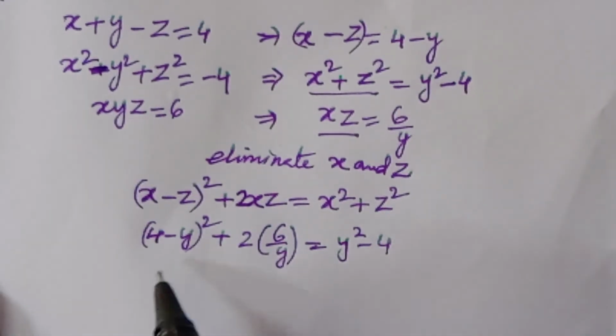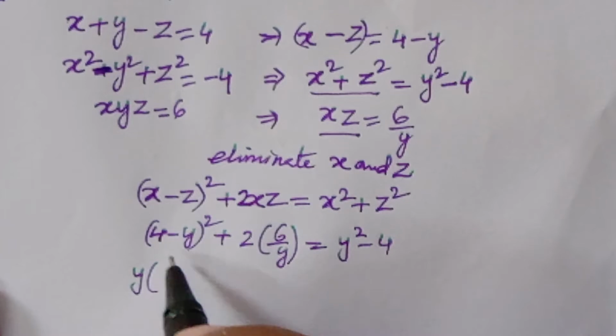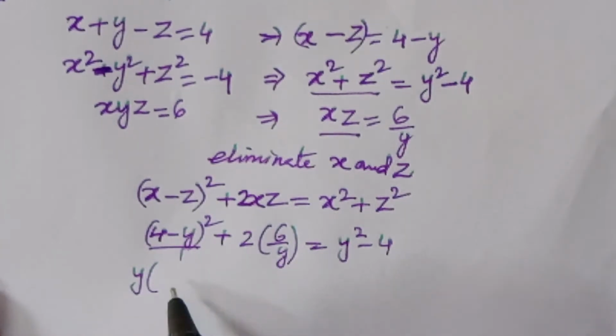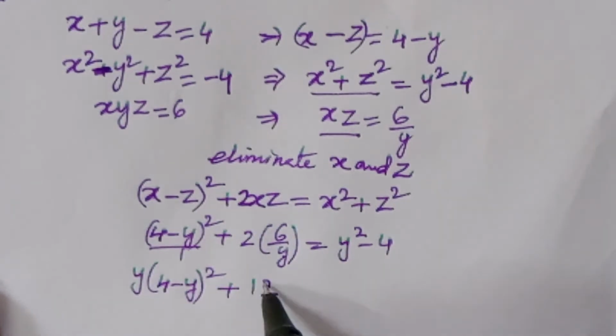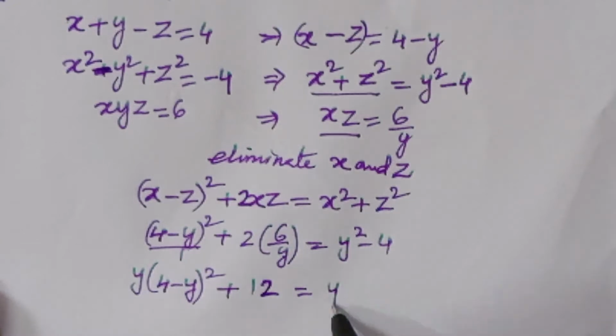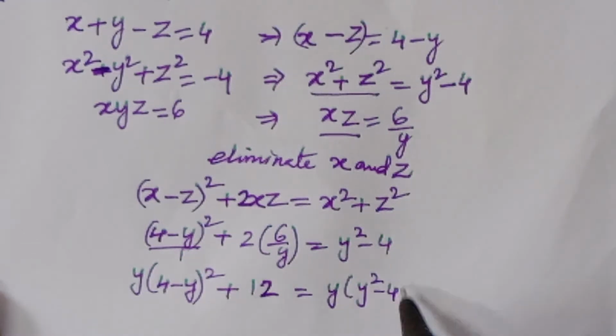So what will we get here: if you take LCM y, y into 4 minus y whole square plus 12, taking y to that side, y into y square minus 4.